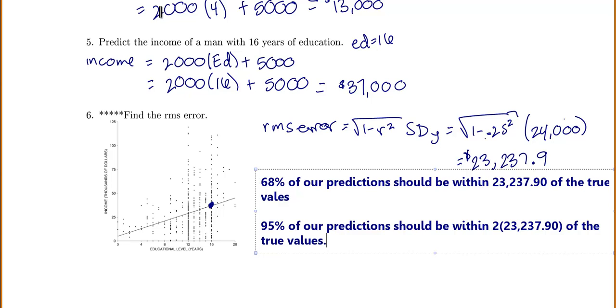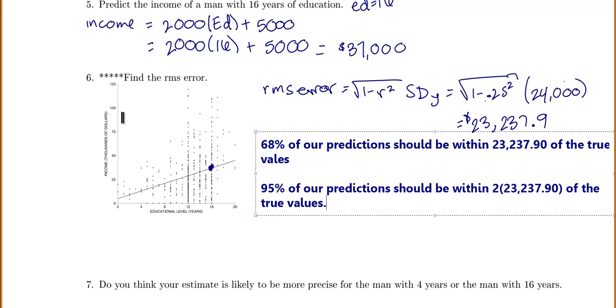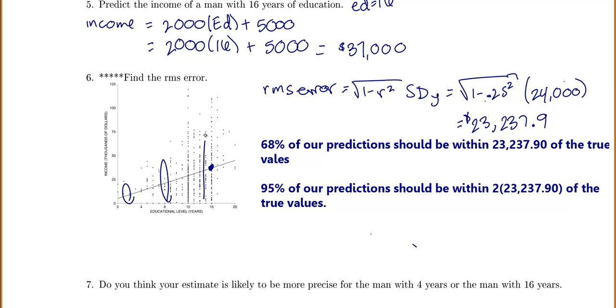But you notice how this problem has all these stars? I put those stars there for a reason. And do you remember how I said that the variability was changing based on the education level? That you had a small variability here, and a bigger variability, and then a really big variability, or your vertical spread is changing. So you probably don't remember this, but in chapter 11, we said you can only use the RMS error.